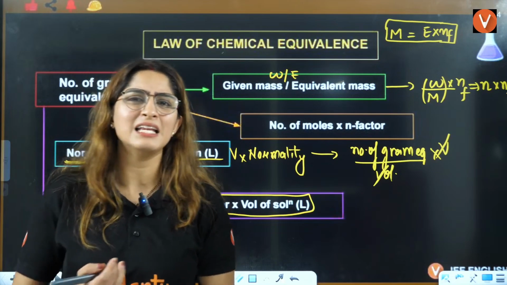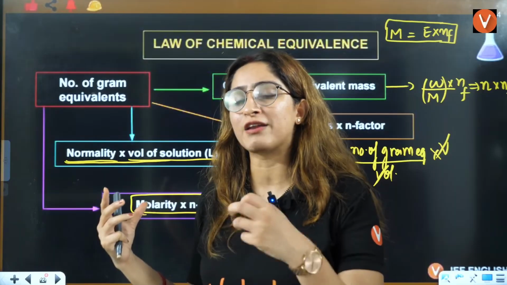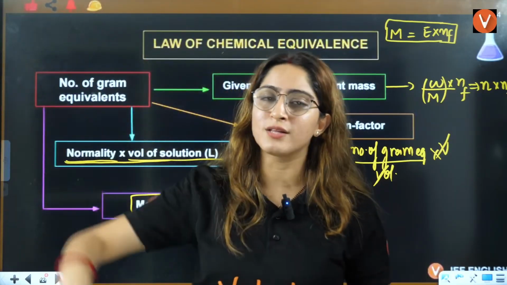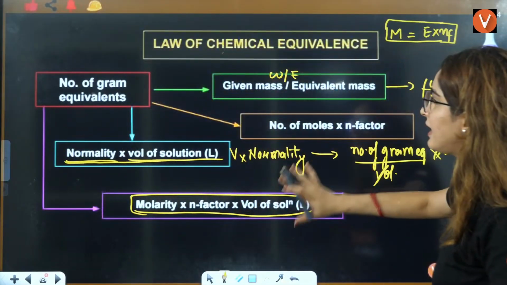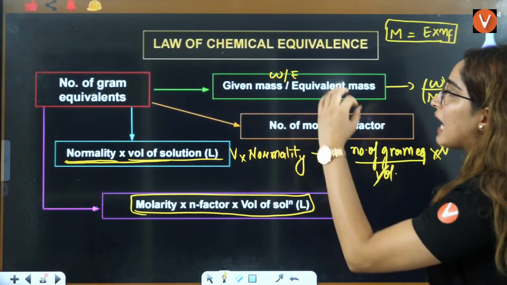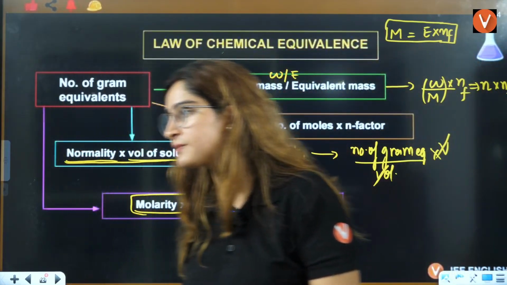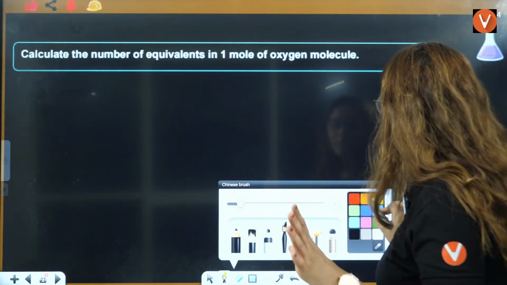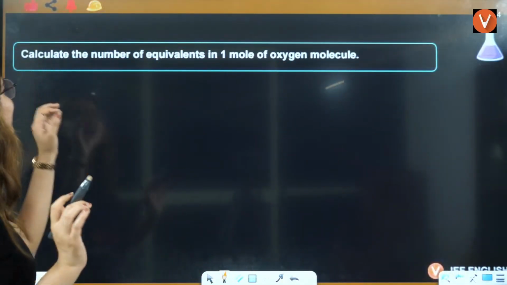And sometimes they fuse these n factor and gram equivalent questions with basic concepts like the mole concept. So it is important to know how to calculate number of gram equivalents. Now, let's solve some questions on that and your lecture will be over.